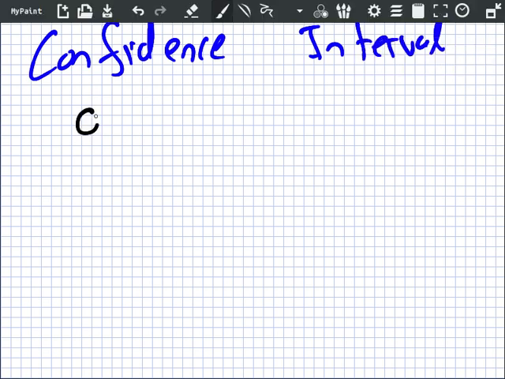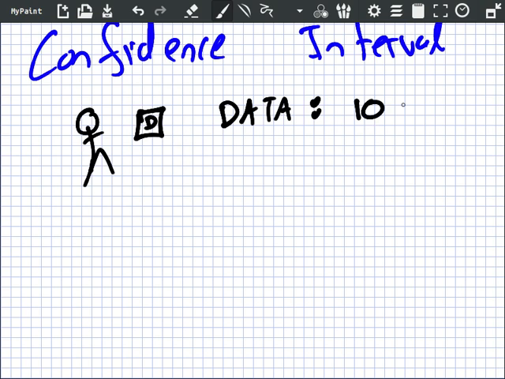So here's the problem. You're doing an experiment and you have to measure something. So this is your machine. And you get your data. And maybe, for example, you have 10 points. Maybe you're measuring the height of something.